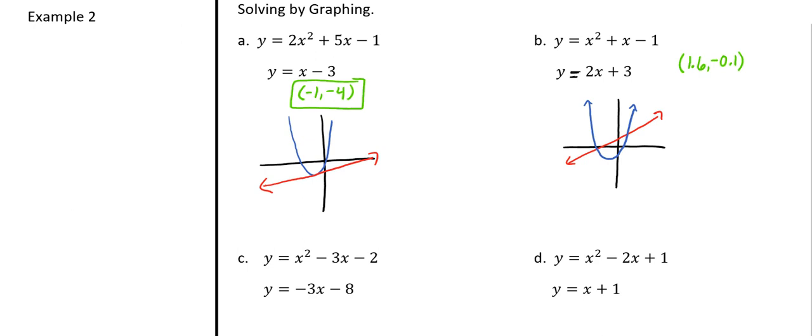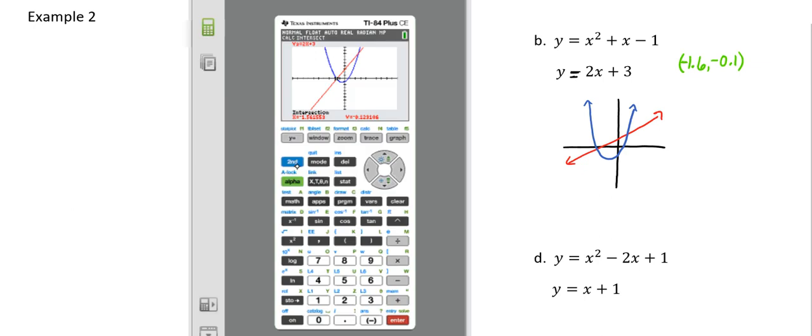Oh, no, that went a little bit haywire there. Let's check this again. Nope, just need that negative sign. There we go. Now we're ready to calculate our next one. Same thing, second, trace, option number 5. Now we're going to get close to our other intersection point.